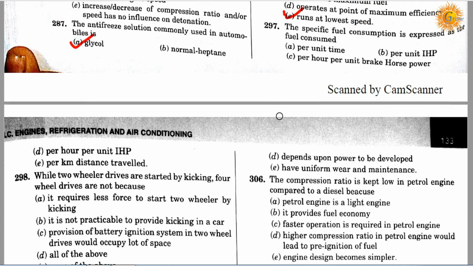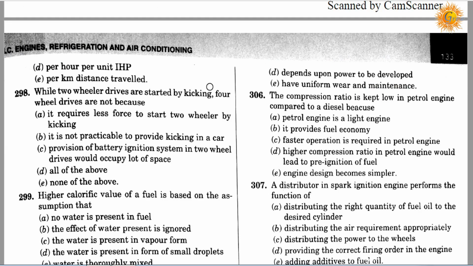So the correct answer to question 297 is C, because specific fuel consumption is expressed as per hour per unit brake horsepower.